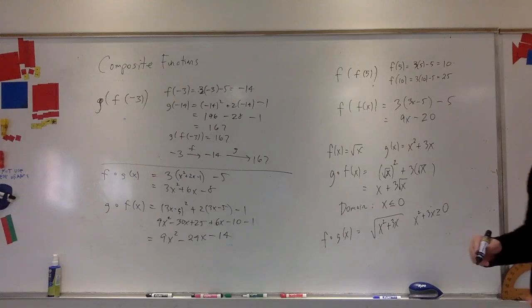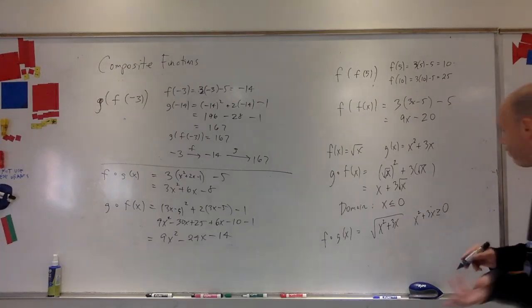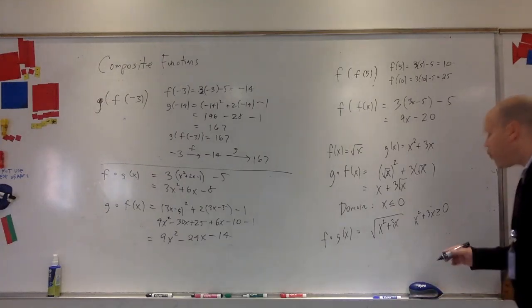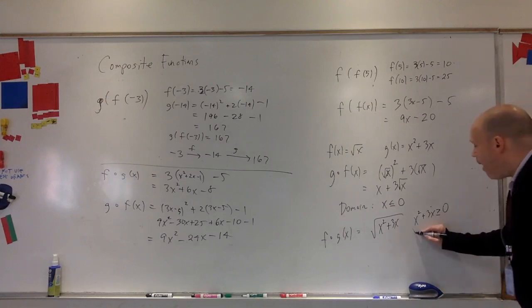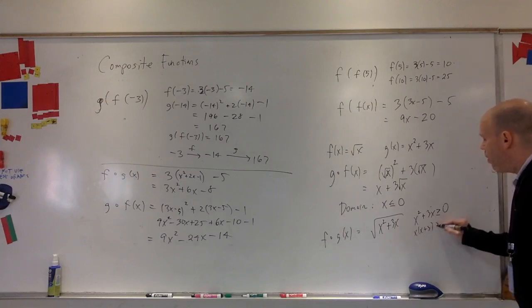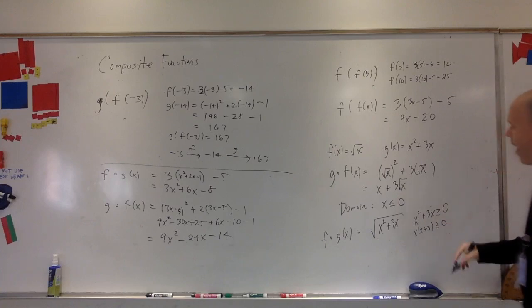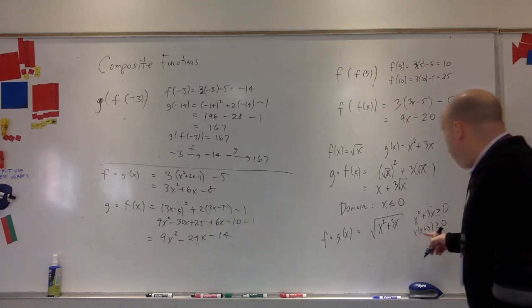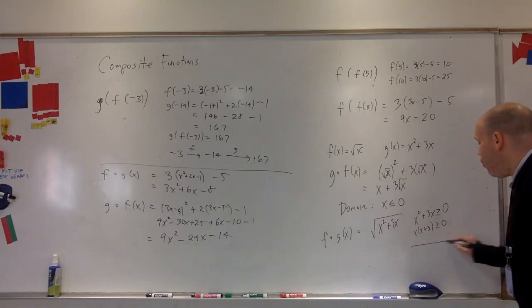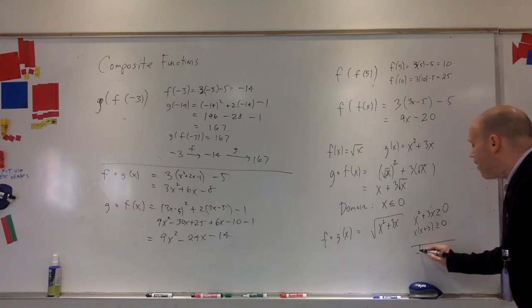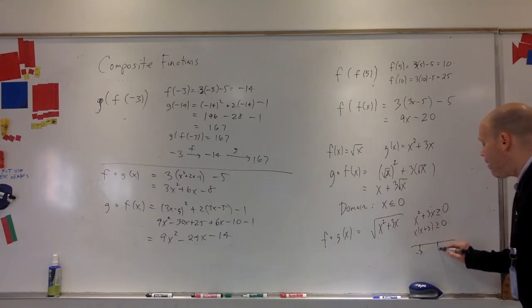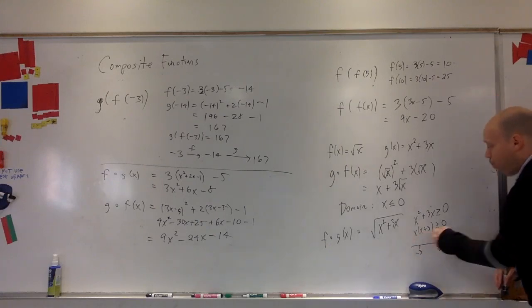Well, that's not so difficult. You can use a sketch. You have a couple of choices here. First of all, I factor this out. And then first of all, when is it equal to 0? Well, you know that if x is negative 3 and x is 0, these are two cases where it equals 0.